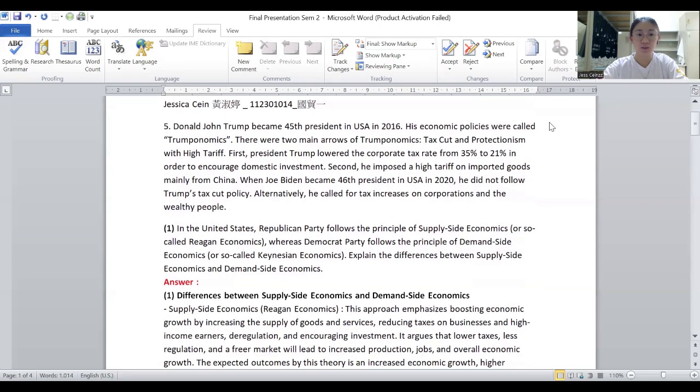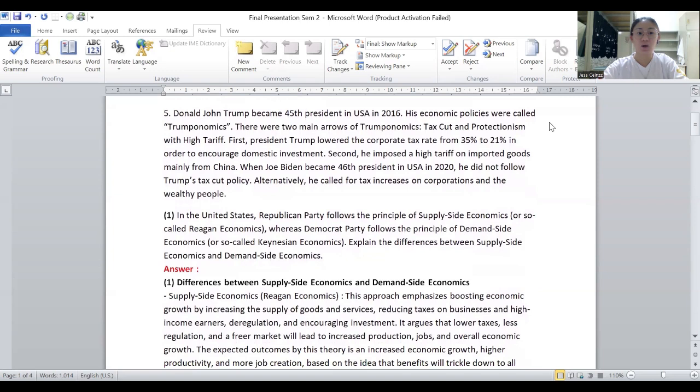So the first question goes: in United States, the Republican Party follows the principle of supply-side economics, or so-called Reagan economics, whereas the Democratic Party follows the principle of demand-side economics, or so-called Keynesian economics. Explain the differences between these two.